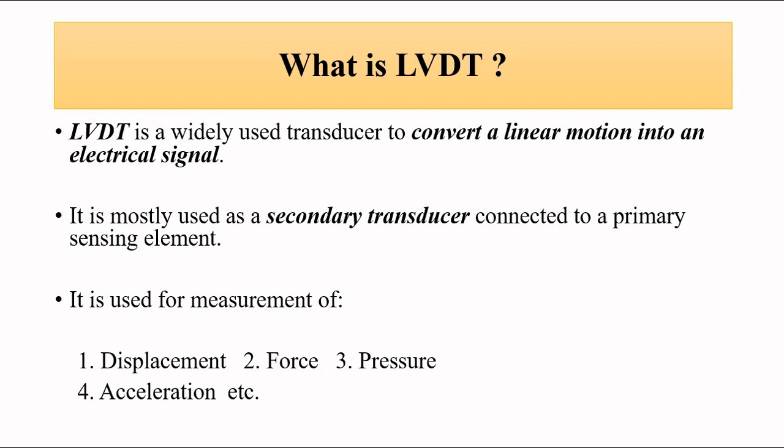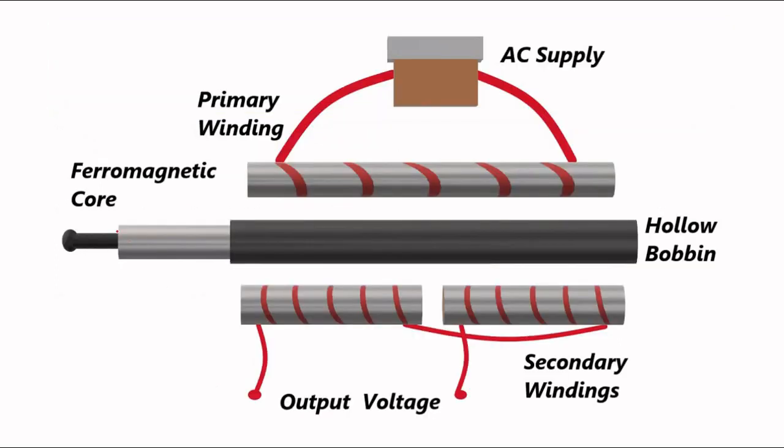So the basic design of an LVDT is this. First we have a hollow bobbin, and then we have a primary winding and two secondary windings which are in phase opposition with respect to each other. Then we have a ferromagnetic core which is inserted inside this hollow bobbin, and this is free to move.